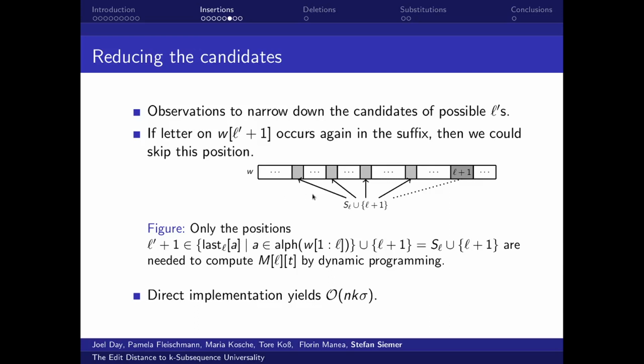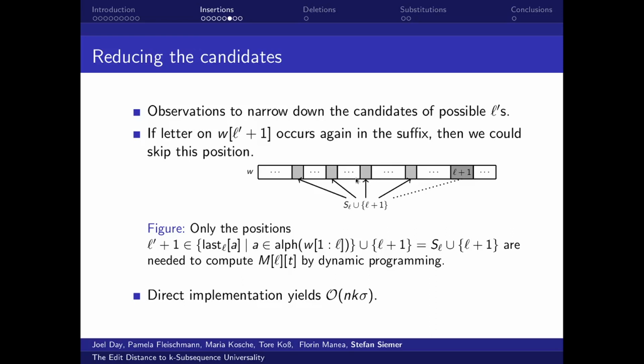For example, let's say we have an A here. Then all of the positions where A occurs before that A are not really relevant to us, because in the one-universal tail we only need one of these A's.